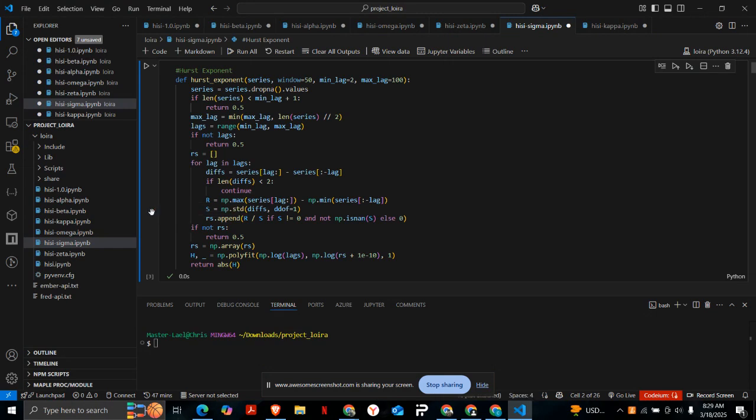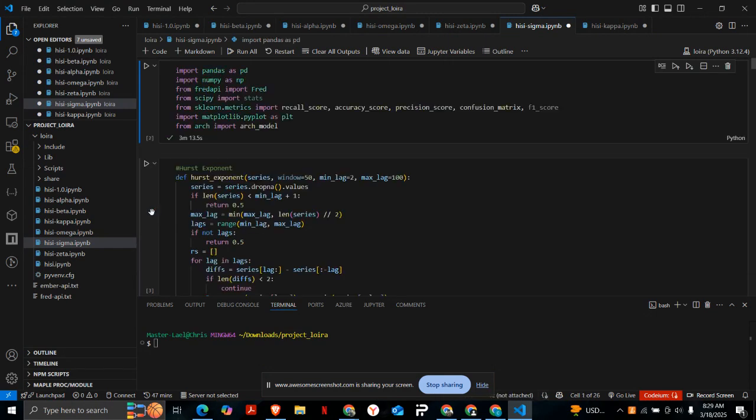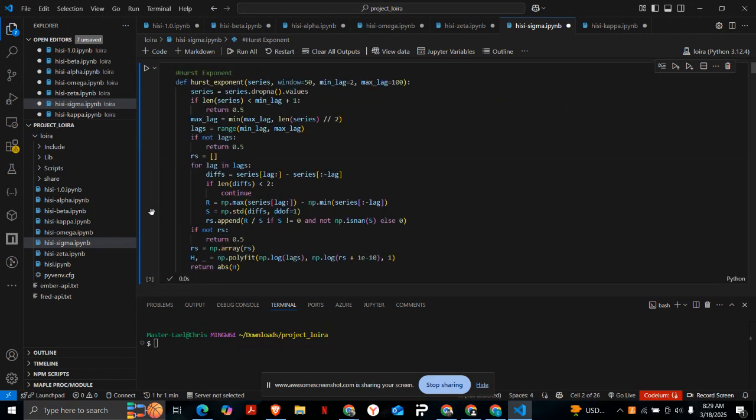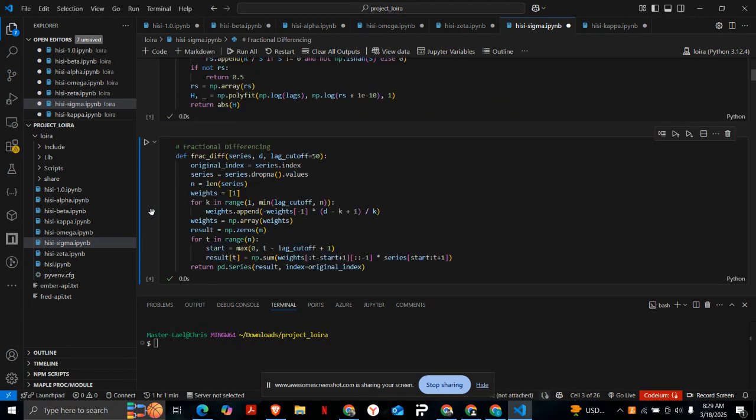Like I've said, even for the importation, it's basically just common statistical values, not really much there. Then I wind up calculating the Hurst exponent, as I've already explained. Then we wind up doing fractional differencing. For those who are familiar with time series analysis, fractional differencing basically takes care of the components of the time series, things like the trend, the seasonal effects, and the cyclical effects, which you want to eliminate from the time series.